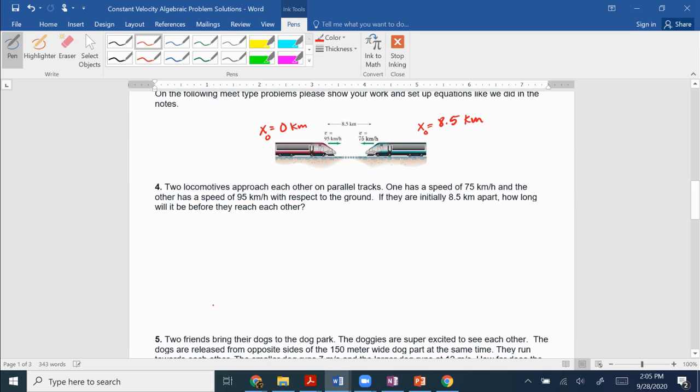So when I go to write an equation for the red train, I'm going to do x_R for red is equal to 95t plus 0. And for the blue one, let's just call it blue. B for blue.